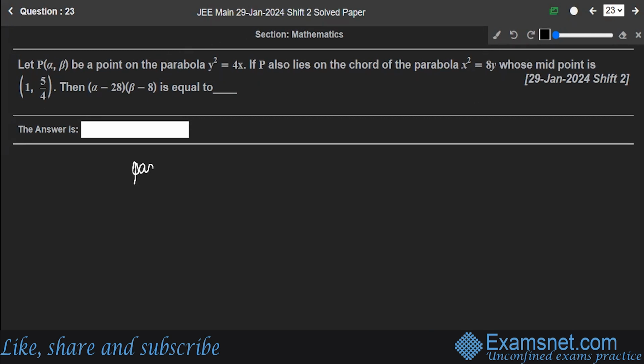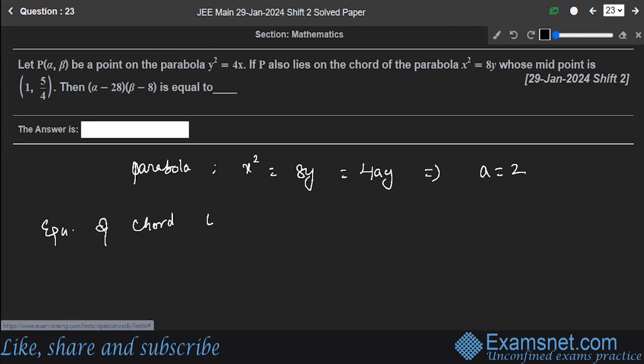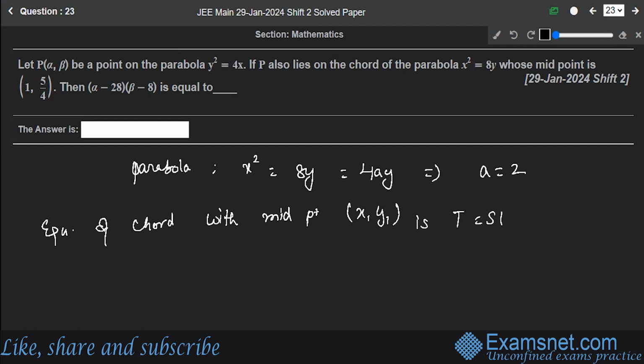So first I will consider this parabola, x squared is equal to 8y. If I compare it with the general equation 4ay, you have a's value as 2. Now, the equation of the chord with midpoint, let's say (x1, y1), is given by T is equal to S1.